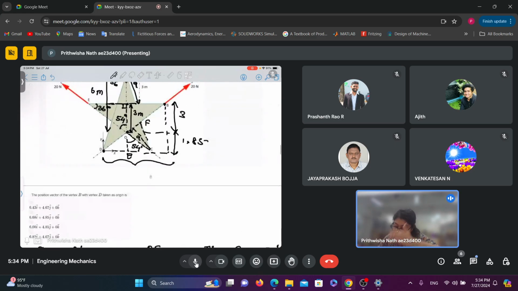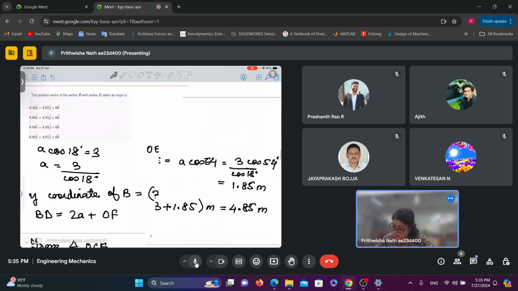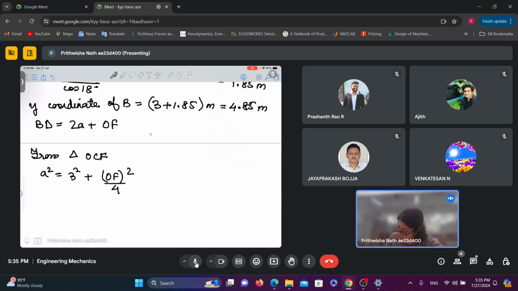From this right angle triangle, A square equals half of OF plus 3 square. Now from here OF can be written as, I'll just rearrange this equation.